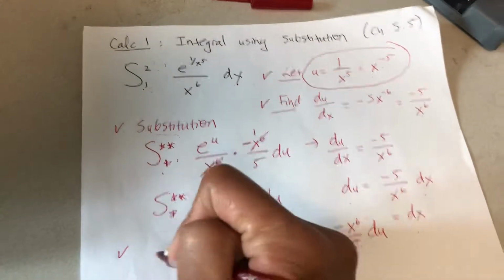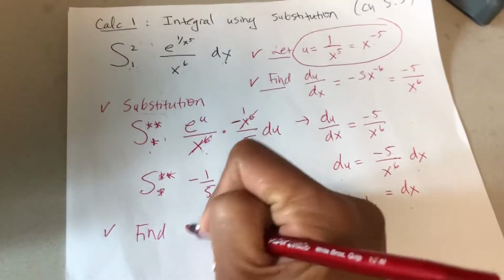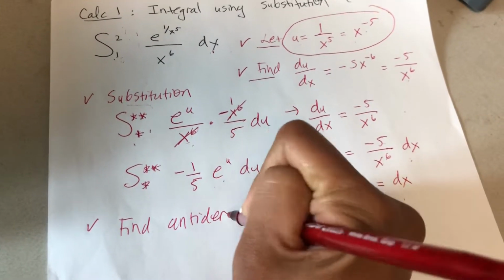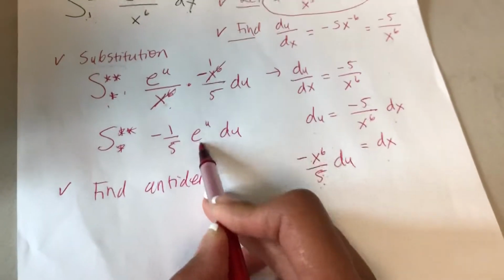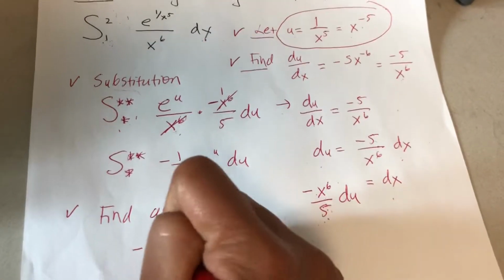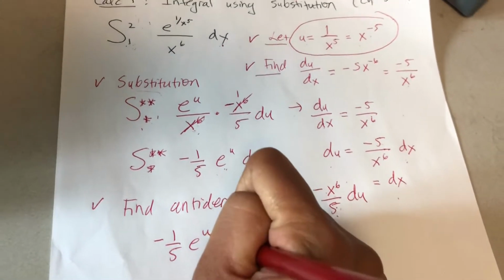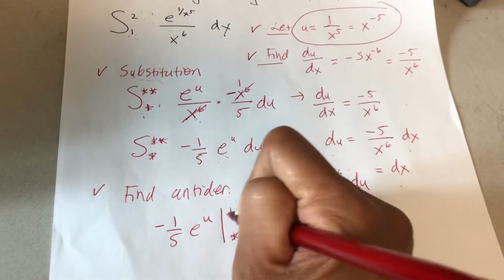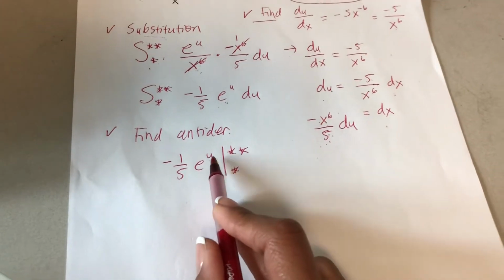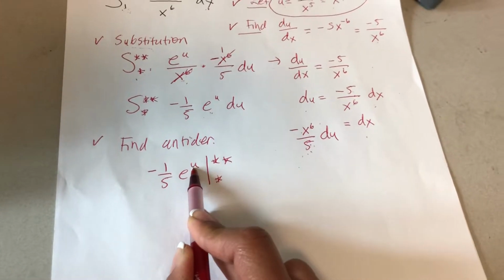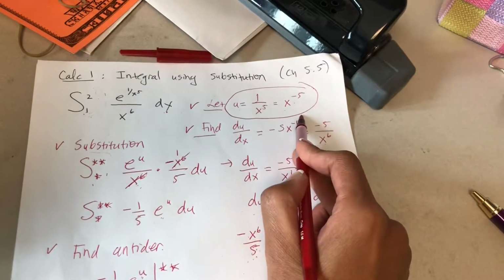So now I go ahead and find the antiderivative of the prettier part. We know that the antiderivative of e to the u is just e to the u. So I have negative 1/5 e to the u, going from star to double star. In this method I'm using, now I'm going to replace the u with the x terms, right?